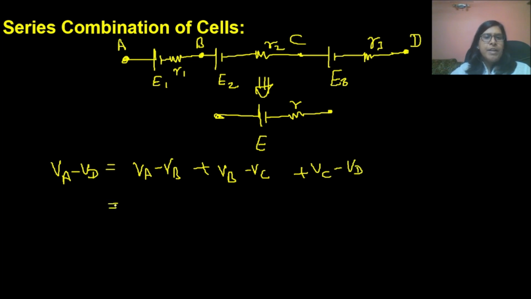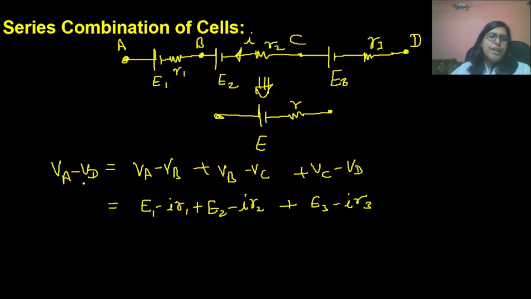Now VA minus VB is E1 minus I into R1, since the current will be the same in all cells, suppose I. So E1 minus I into R1 plus E2 minus I into R2 plus E3 minus I into R3. And VA minus VD from this circuit, this is A and this is D, we can write E minus I into R. Current will be the same.